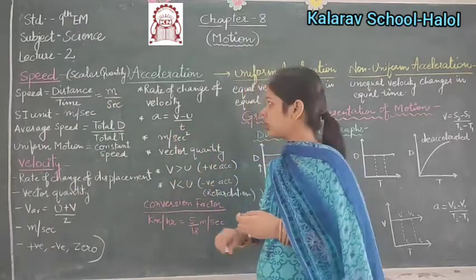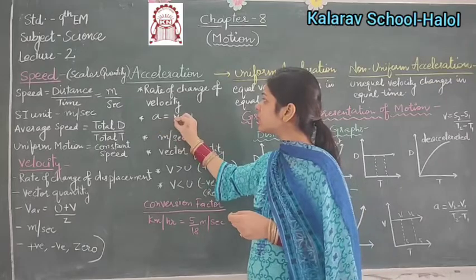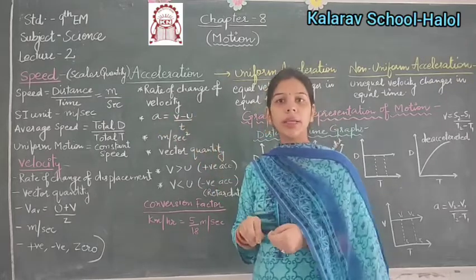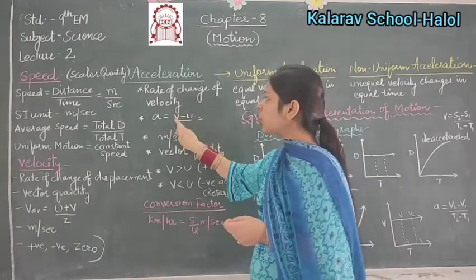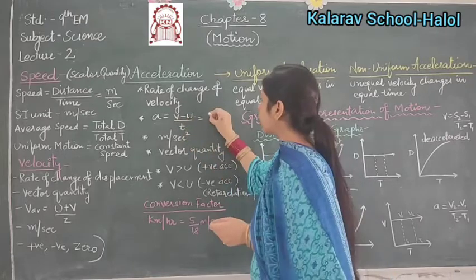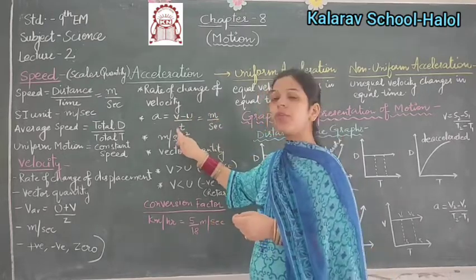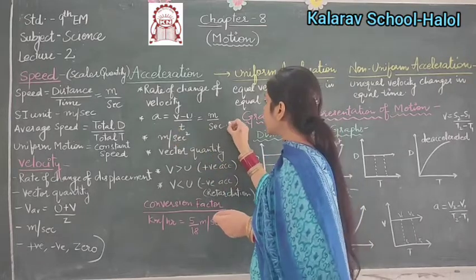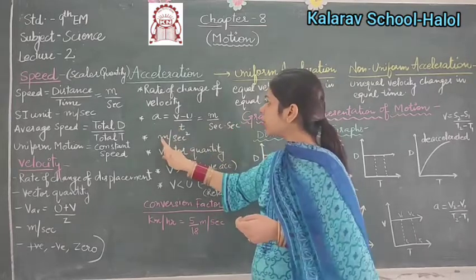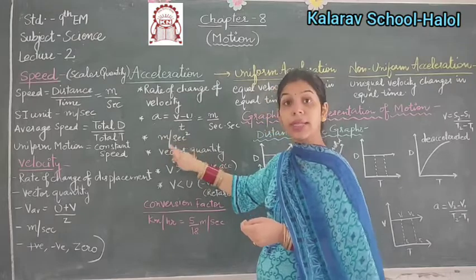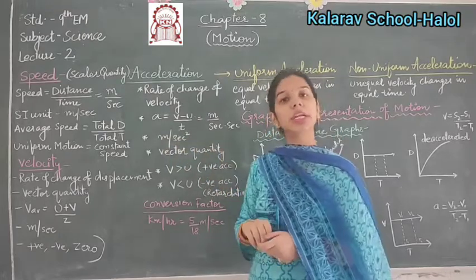So acceleration is v minus u upon t. The unit of velocity is meter per second and the unit of time is second, so we get meter per second square.